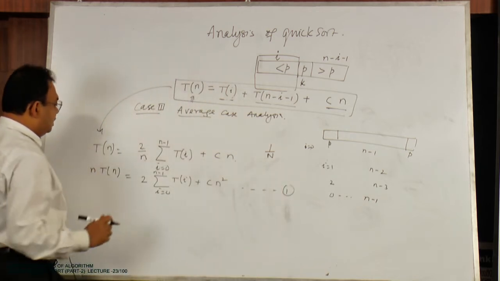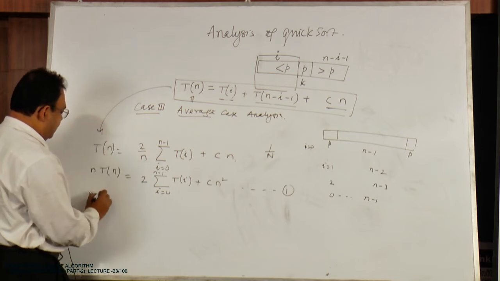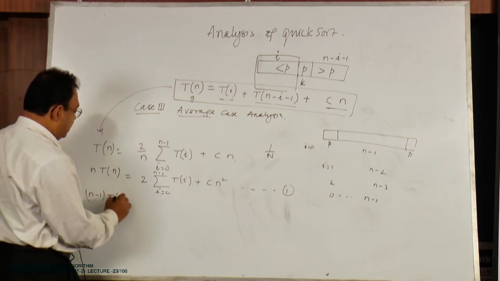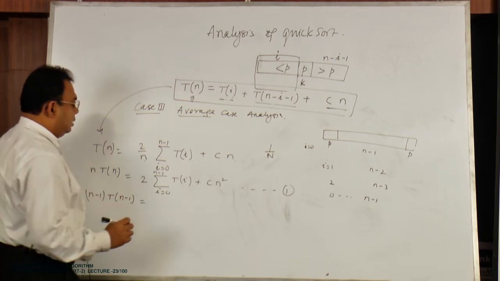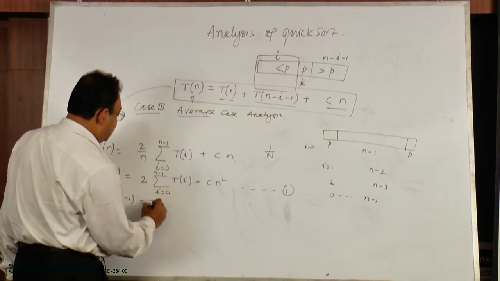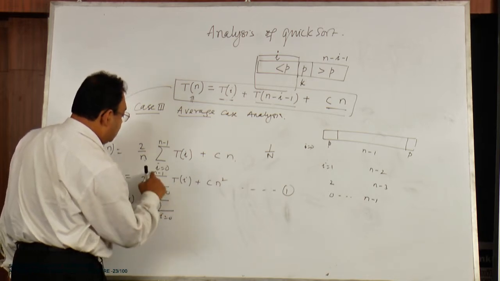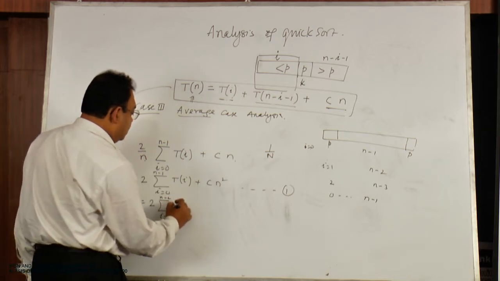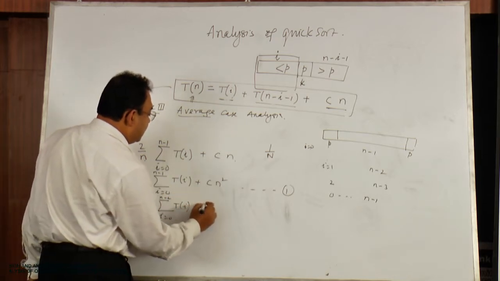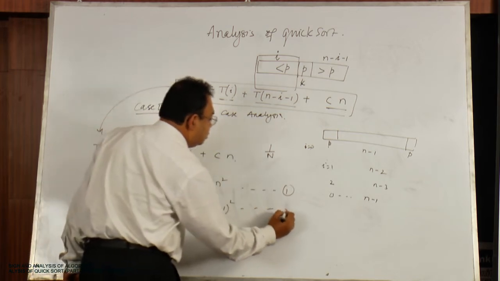Putting n is equal to n minus 1, we will have n minus 1 times T(n minus 1) is equal to 2 times the sum over i is equal to 0 to n minus 2 of T(i), plus C times n minus 1 square. Let this be equation 2.